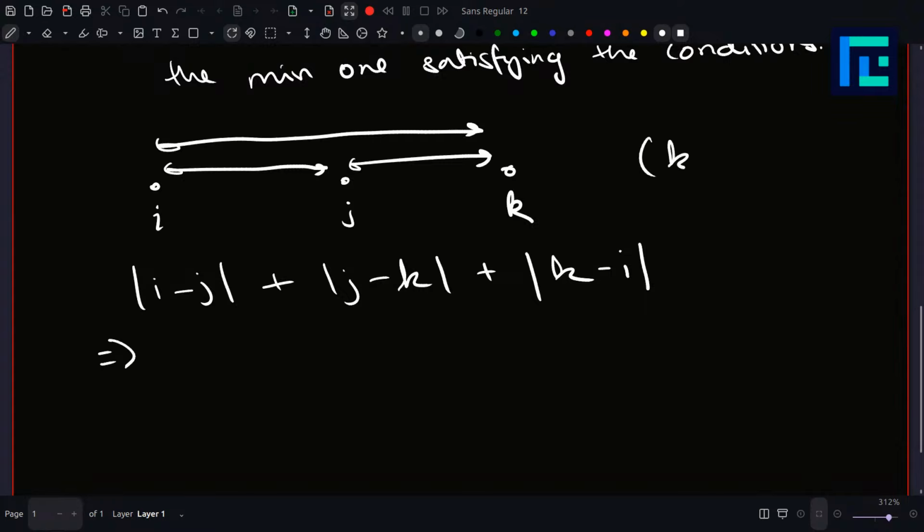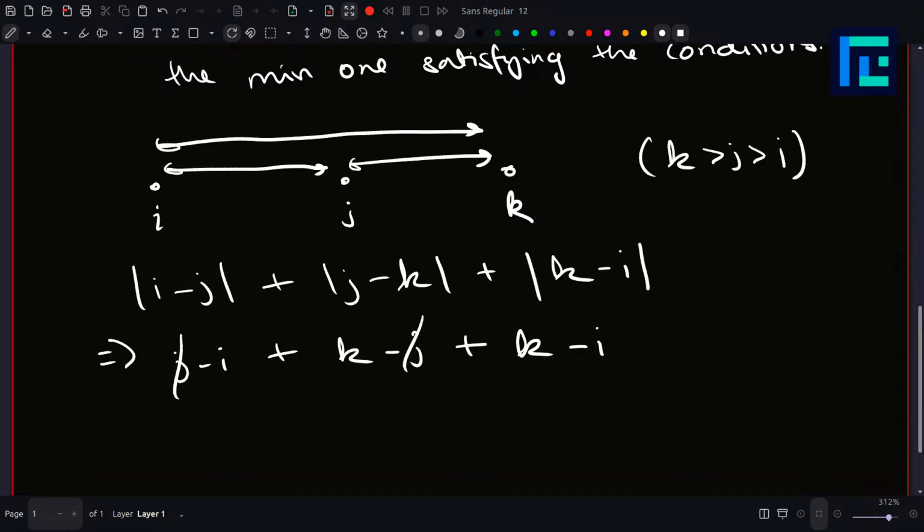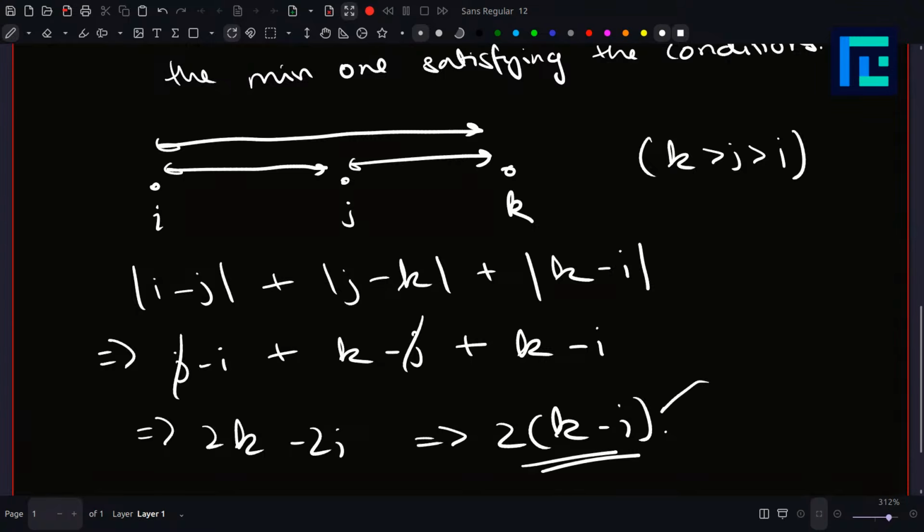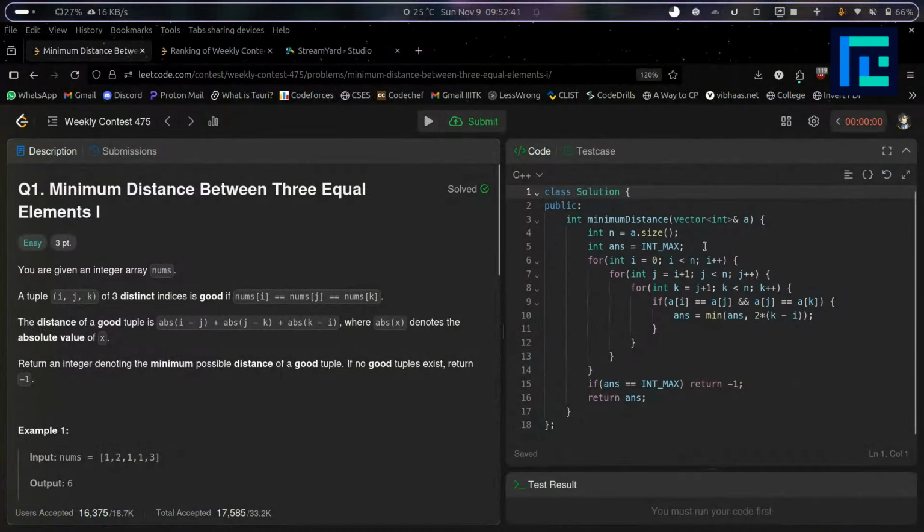If we have the values k greater than j greater than i, then we will have j - i plus k - j plus k - i, and then this will cancel, and we'll get 2k - 2i, which is equal to 2(k - i). So for the formula, we just need to find the one with the minimum value of k - i among three values which are equal. So we simply check that with brute force.